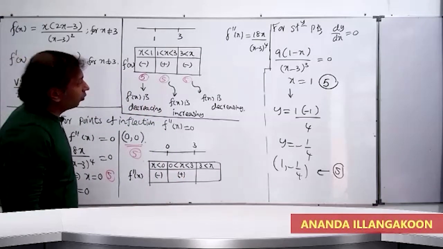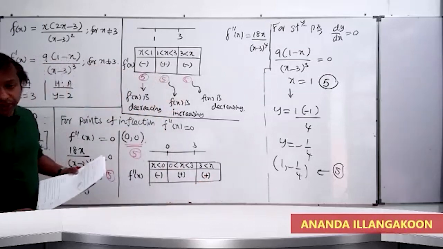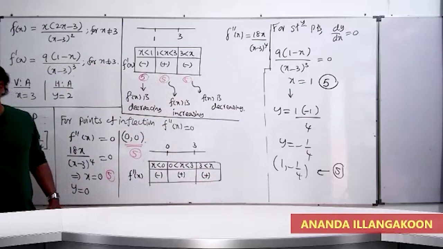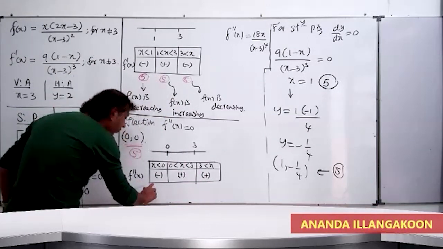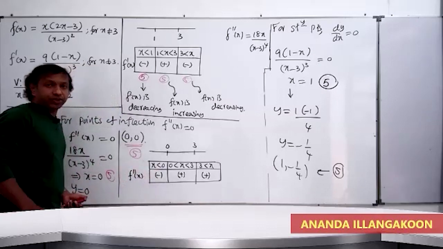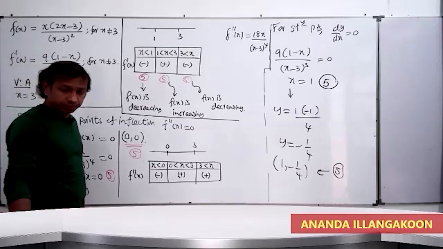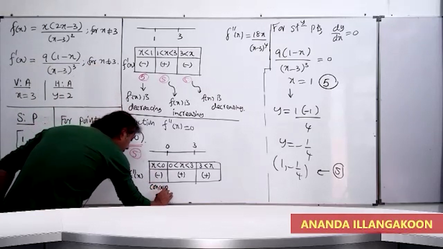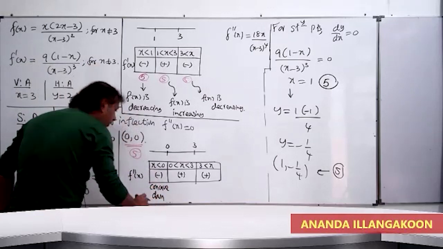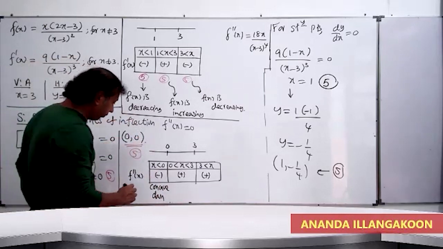Greater than 3, also positive. Second derivative negative means what? Concave down here. This is available in the note. In the previous question also, one student asked how to determine this. Go to that note, I gave this note completely. This is concave down, then the graph lies below the tangent. Concave up.